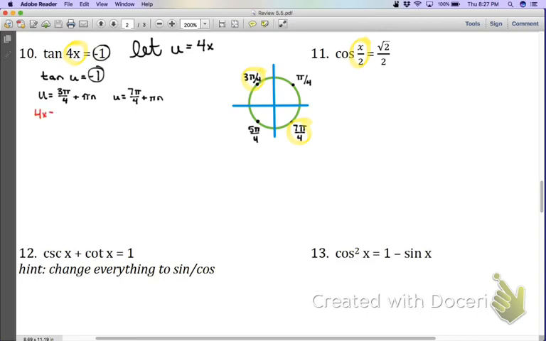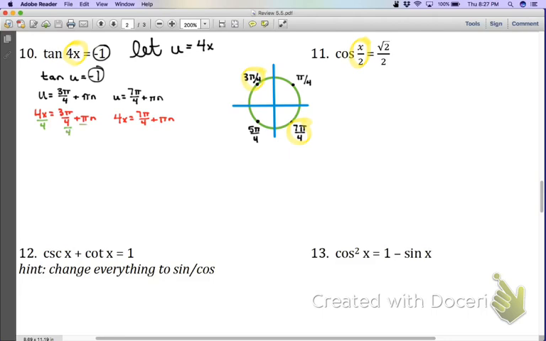Now, here's where I go back to the 4x. So 4x equals 3 pi over 4 plus pi n, and 4x is equal to 7 pi over 4 plus pi n. Divide each one by 4.